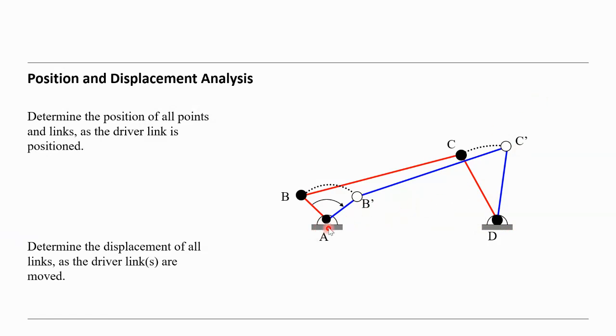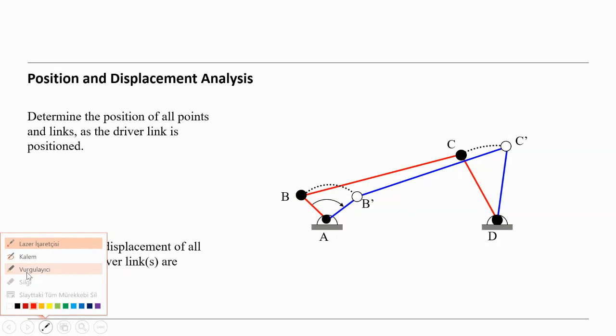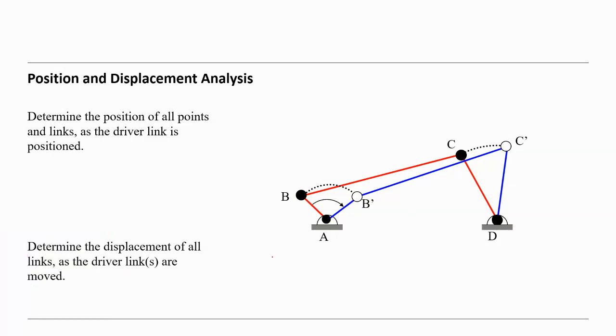This is, in blue color, the initial position of the 4-bar, and we set here the initial position, the red one. Because the motion is in that direction. So let's use the pencil. So motion is, you see, in that direction. So the initial position is here A, B, C, D.